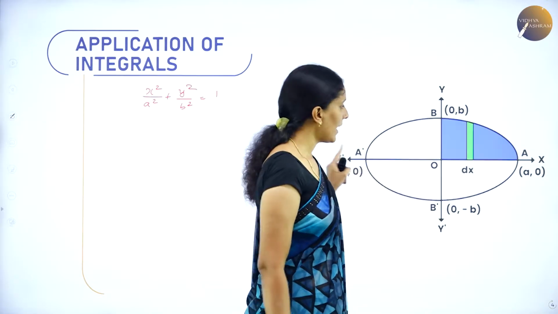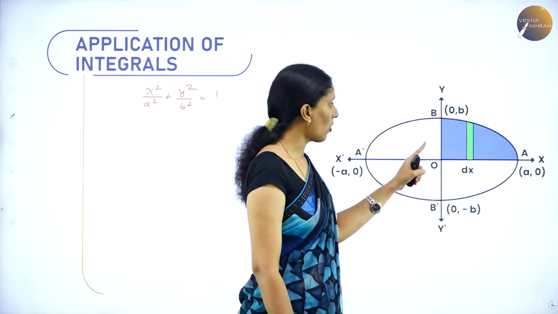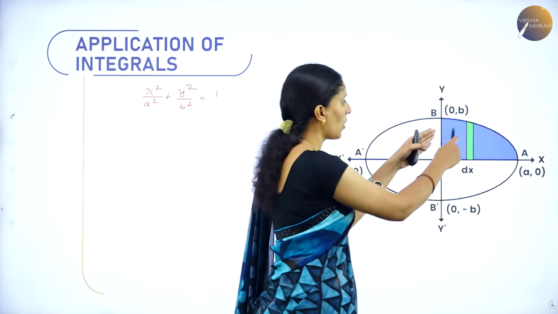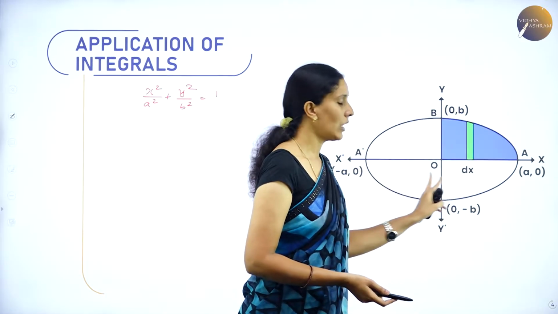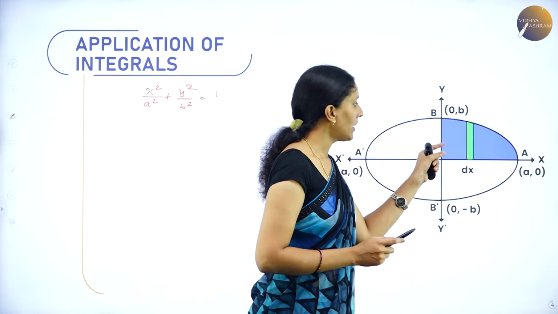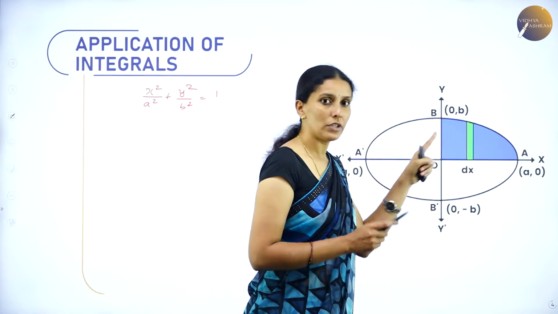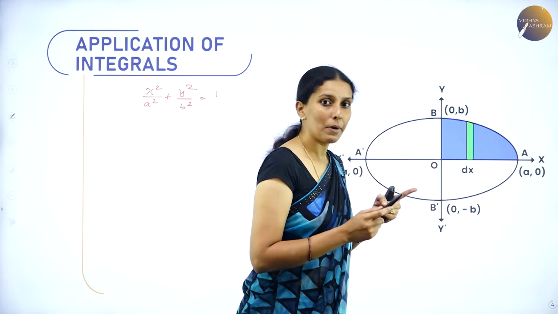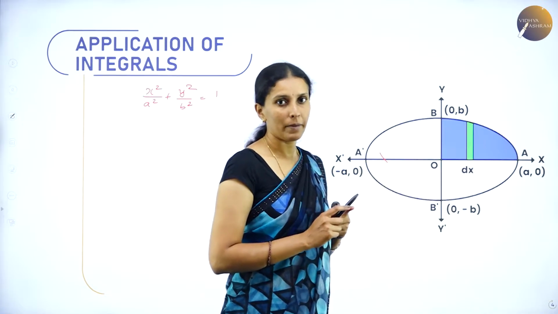So here we can say A dash is called the major axis, and hence it is symmetric also. So if I find the quarter part of this and multiply by 4, I will get the total area required for this ellipse. So I will take the shaded portion, find its area, and then multiply by 4 to get the total area covered by the ellipse.